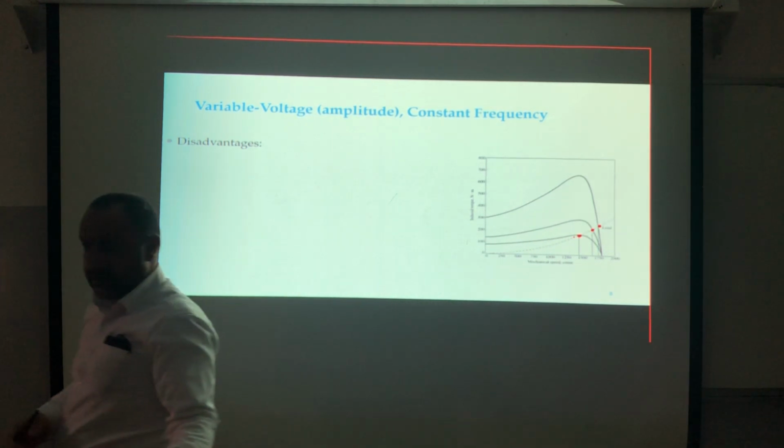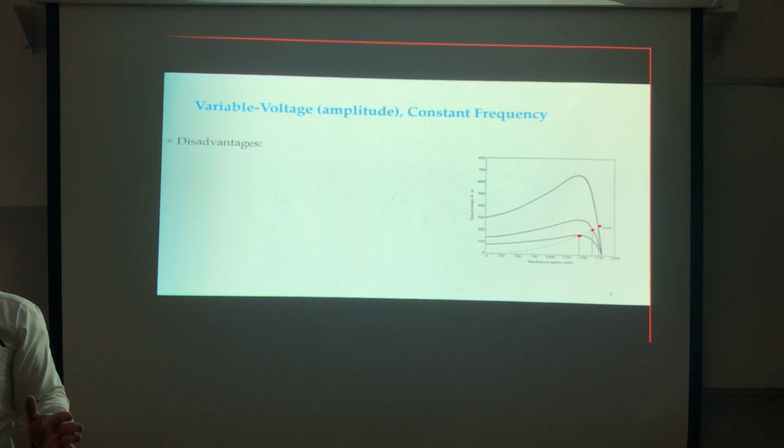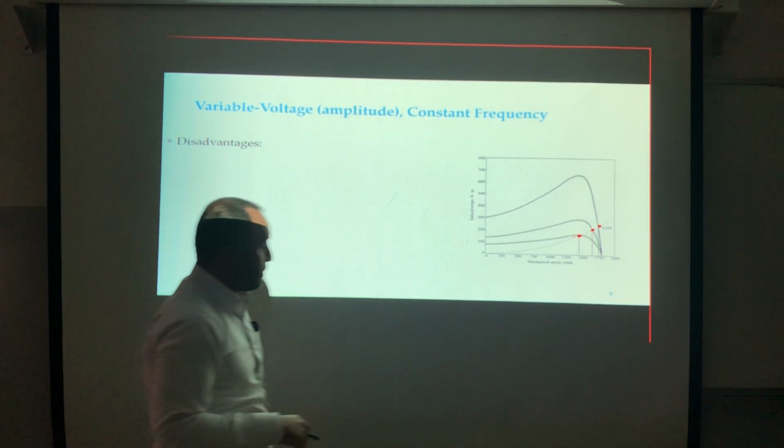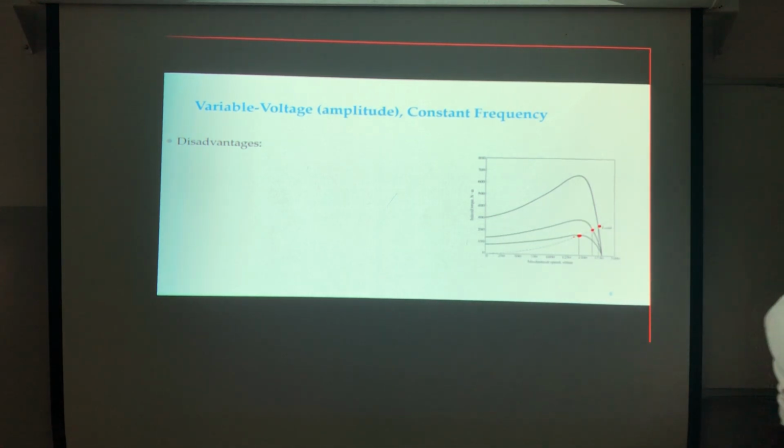After that, the machine will become unstable. So this means that I'm controlling the speed in a narrow region, and sometimes I will have problems starting the machine. That's why we say that B is restricted to be greater than 0.5.